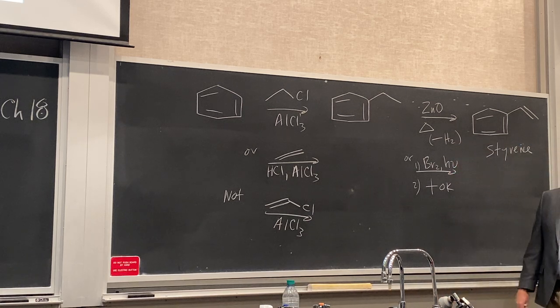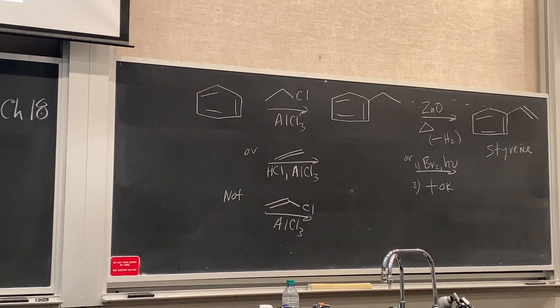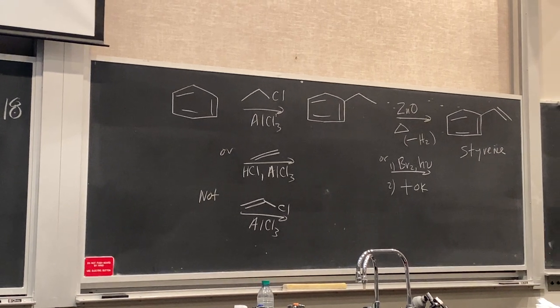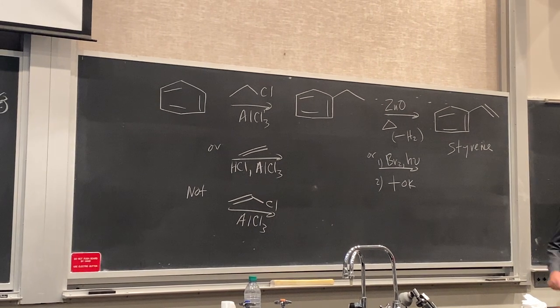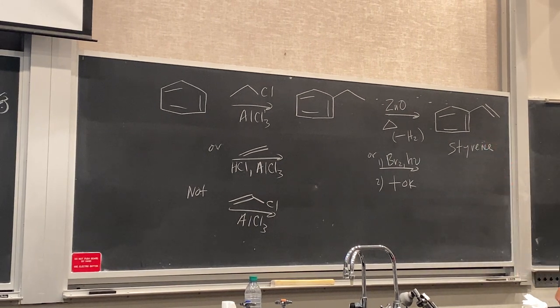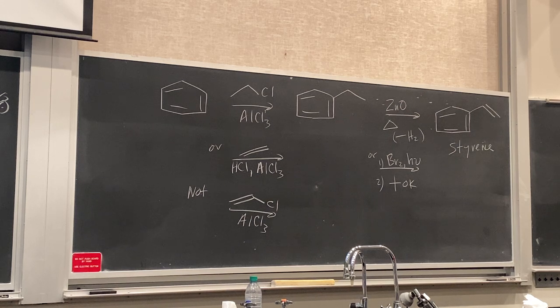Now I'm showing you this set of reactions for a purpose, to talk about the industrial synthesis of a very important compound, styrene, which has the alkene on the benzene. Now, that's used as a precursor to make polystyrene. And maybe you're aware of the famous industrialist John Huntsman, who made billions of dollars making polystyrene.